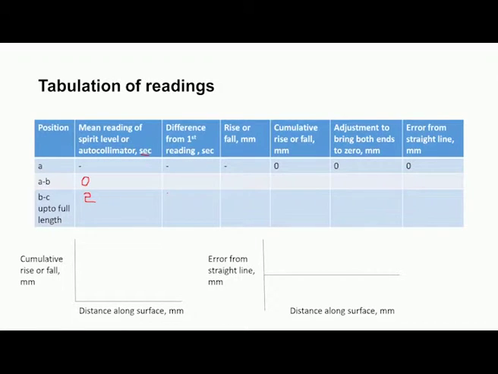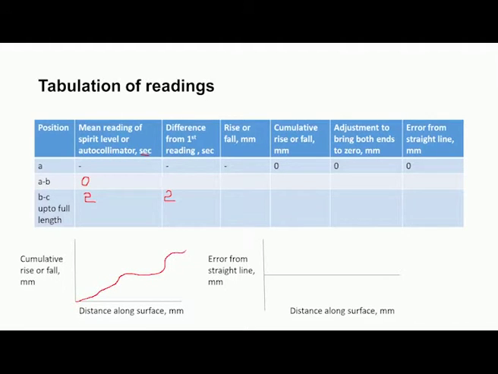Like this we should mark, and then we should find whether there is a rise or fall, and then we have to add these values to get the cumulative rise or fall in terms of mm, and then the adjustment to bring both ends to 0. It is like this: distance along the surface in terms of mm and cumulative rise or fall.